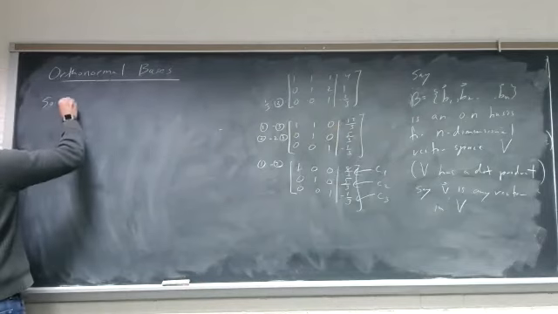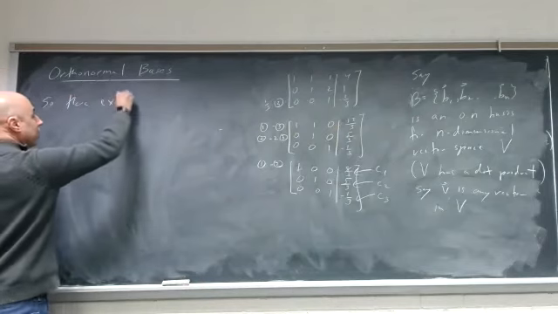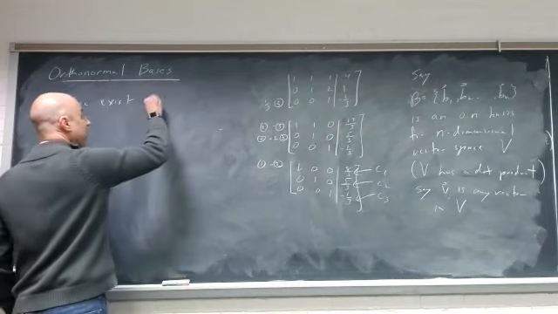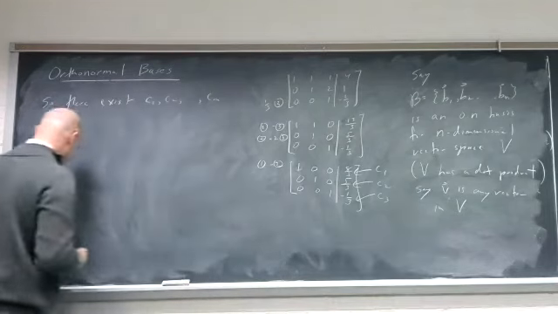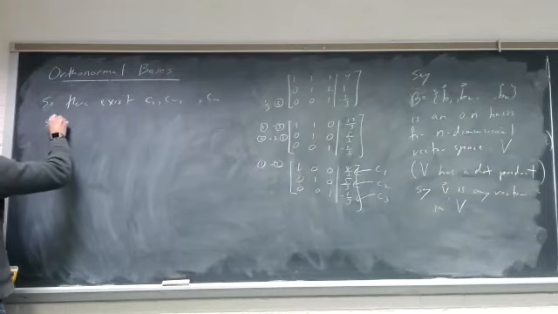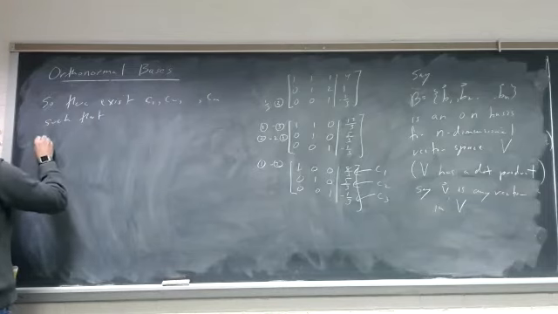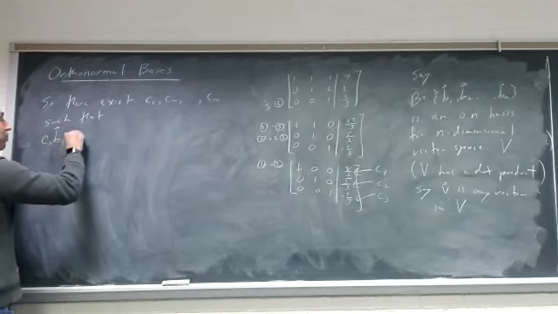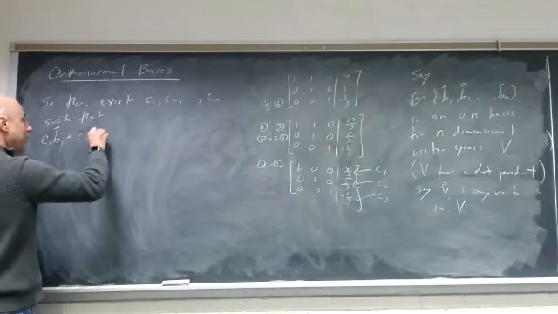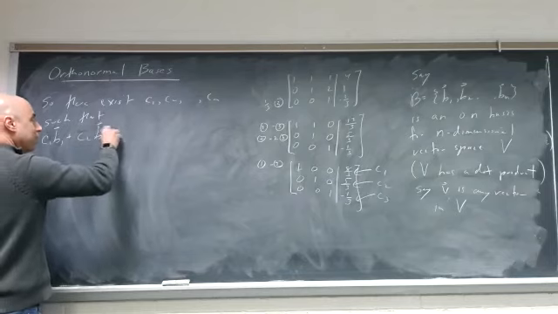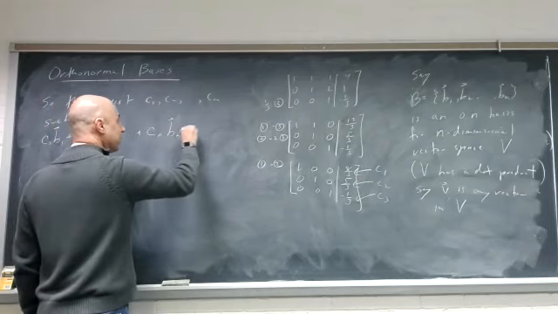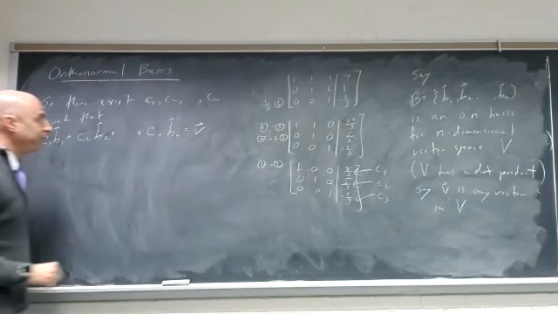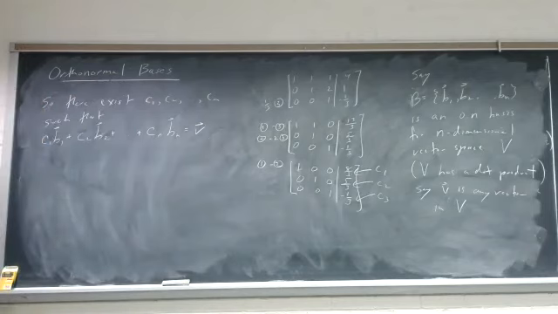So there exist numbers, scalars, C1, C2, all up to Cn, such that C1 times B1 plus C2 times B2 plus all the way up to Cn times Bn equals v. You can express any vector as a linear combination of the basis vectors.